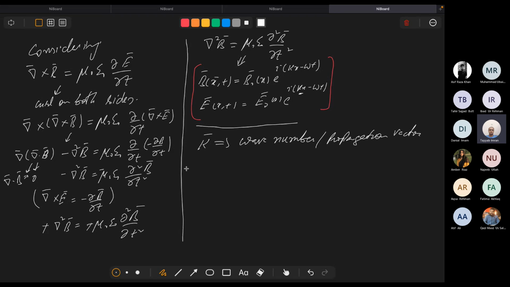In case of free space, and we already know this thing, check previous lectures, k is equal to ω over c. That is for free space. And k is equal to ω over v for any medium.